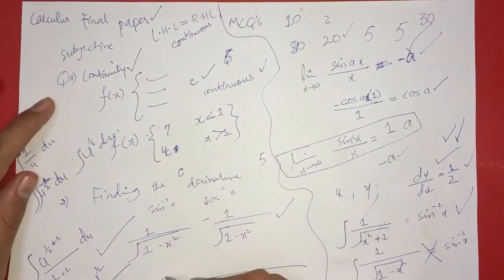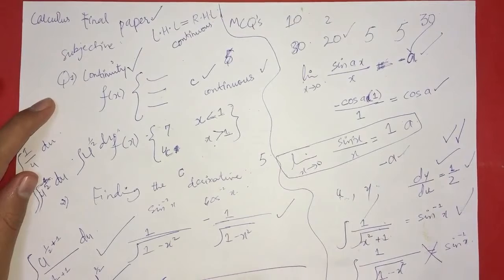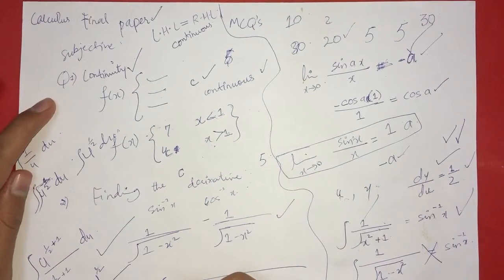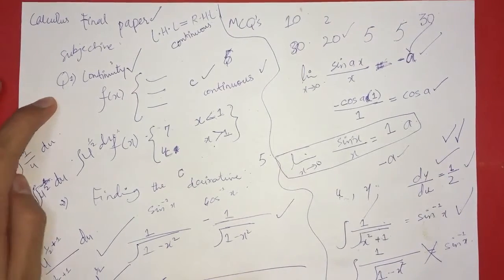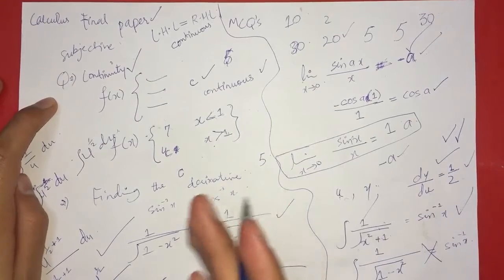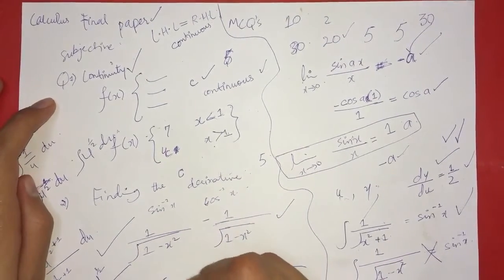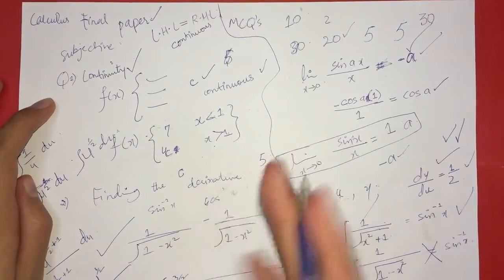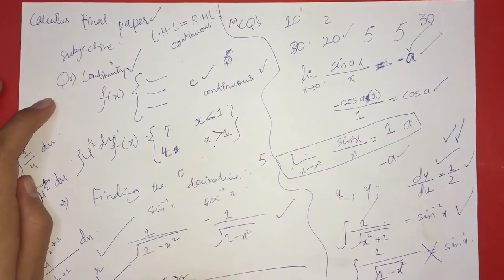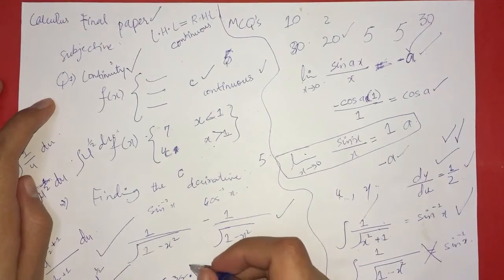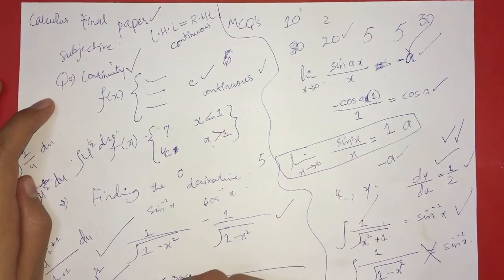Yes, so 3 by 2 is the denominator. Whenever you change a term from being divided to multiplied, you take the opposite term.